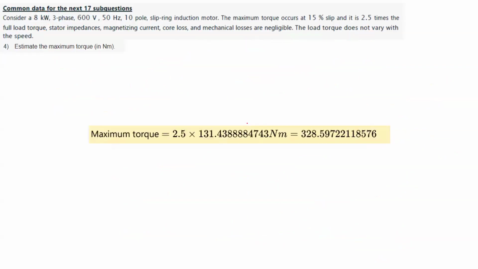Now they're asking you to estimate the maximum torque. You see they have already given one piece of information in the question, that the relation between the maximum torque and the full load torque is 2.5 times. So maximum torque is 2.5 times the full load torque.